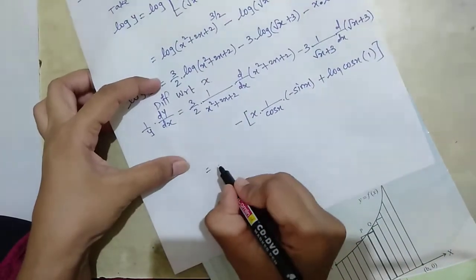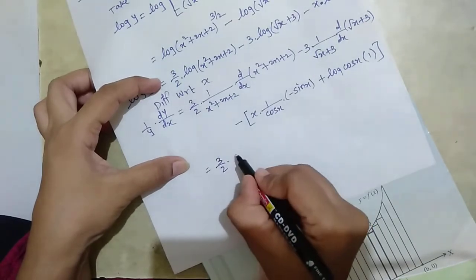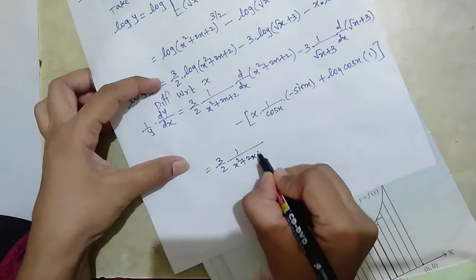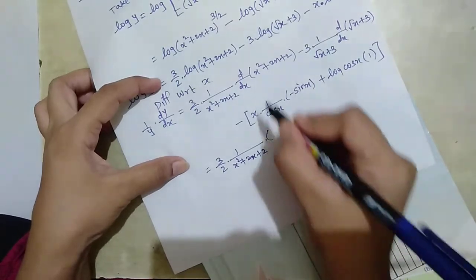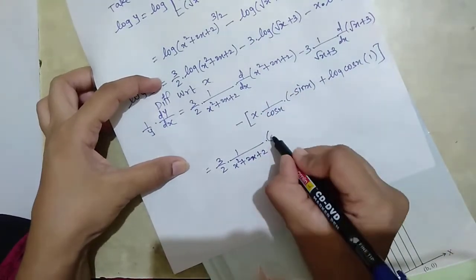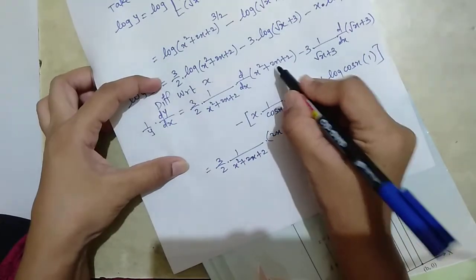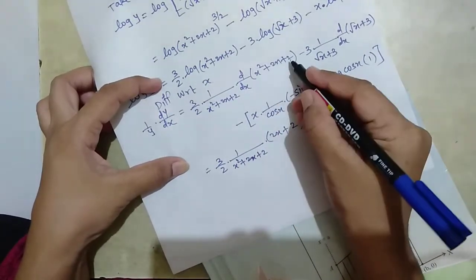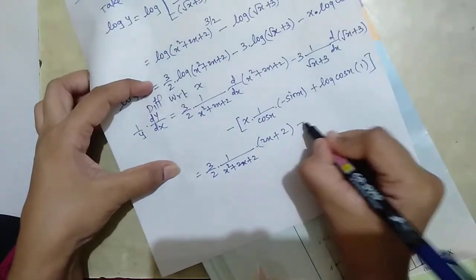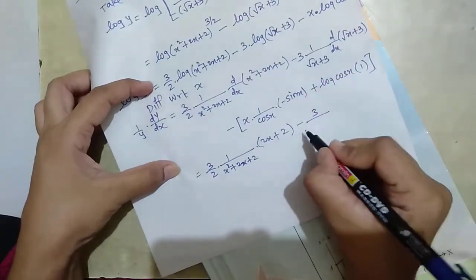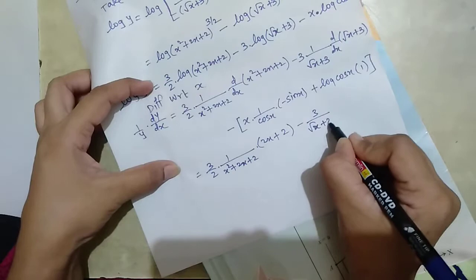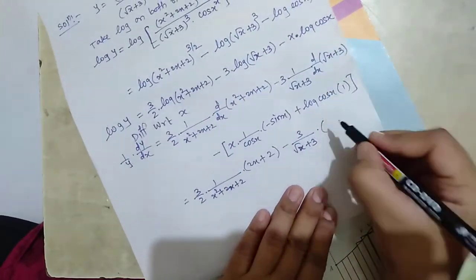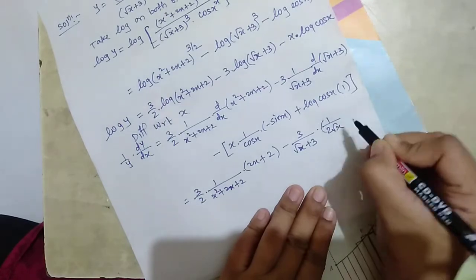So it is equal to 3 by 2, 1 upon x square plus 2x plus 2 into derivative of x square, which is 2x, plus 2 into derivative of x, which is 1, so no need to write. Derivative of a constant is 0. Minus 3 divided by root x plus 3 into derivative of root x, which is 1 upon 2 root x.